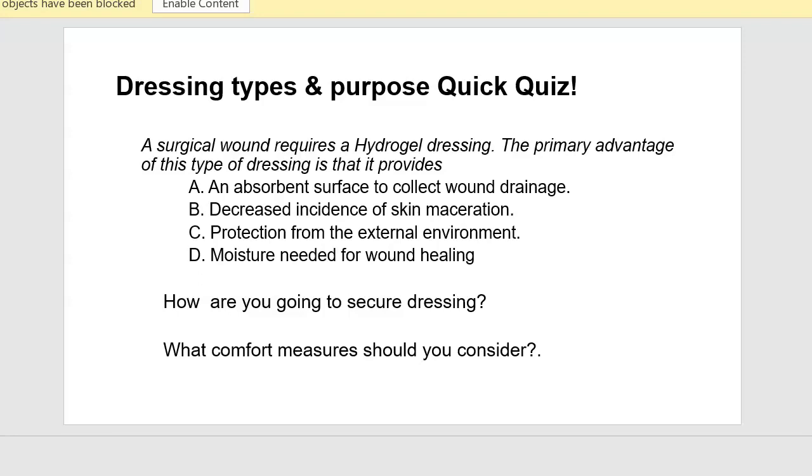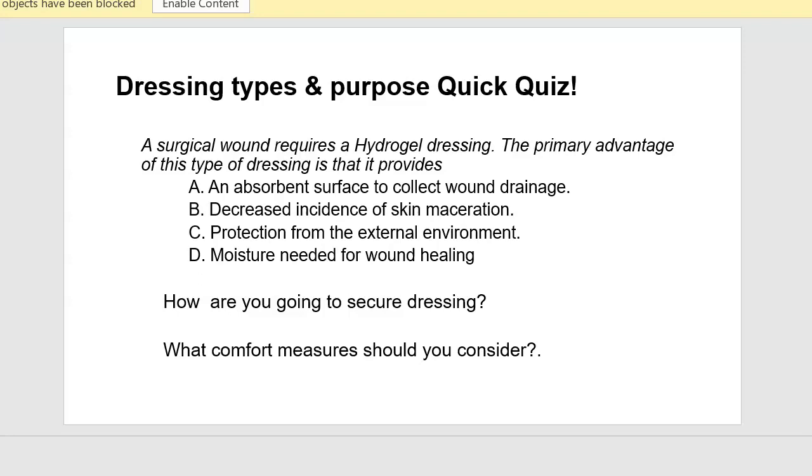So if we want to have a wound that has depth to it, we want to eliminate dead space. And so that is why we pack a wound. And sometimes we need one that absorbs drainage, to allow the wound to heal by secondary intention. And there's Mepilex, which is a foam dressing.